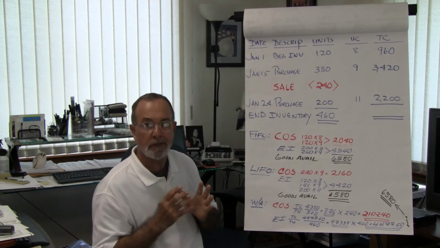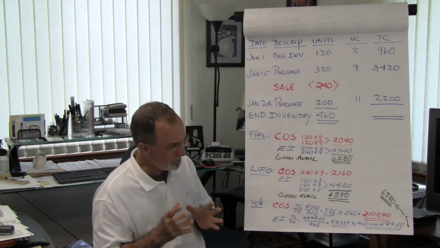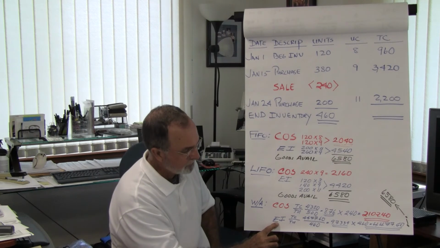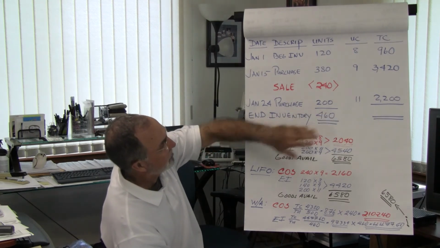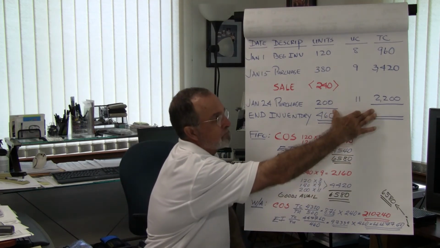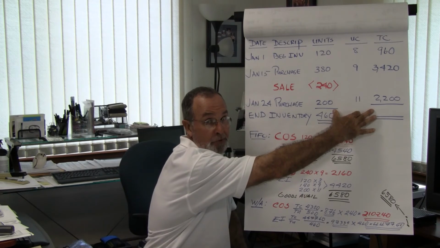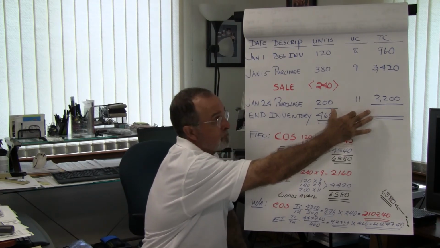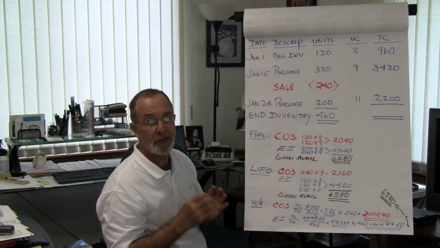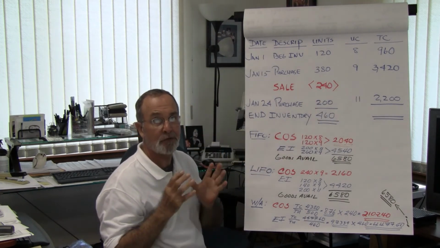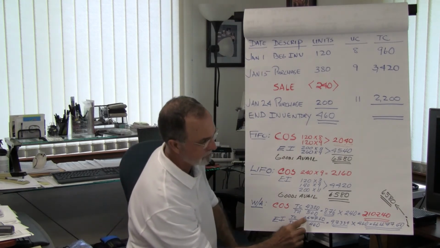We couldn't stop there, and we really need to do the rest of the calculations. We need to figure out our ending inventory, and our inventory would be based on an average after the last transaction for the month, or for the period, which in this case is a month, which is a purchase. And so at that point, again, we need to stop and re-average our unit cost. Our numbers are going to change.